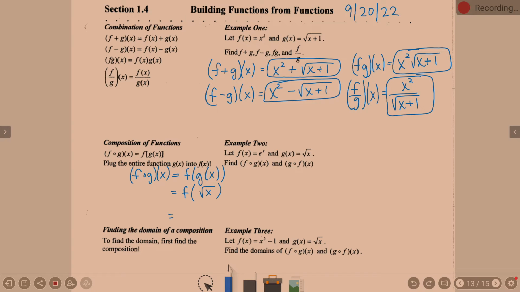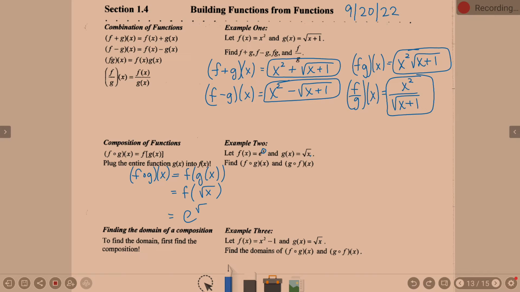So, when I say f of square root of x, I'm going to take my f function. Every place I see an x, I'm going to replace it with square root of x. So, f of g of x, I'm going to take g, put it into f. What is g? Square root of x. Where do I put it into f? Any place there's an x. So if f is e to the x, what are we putting in place of x?